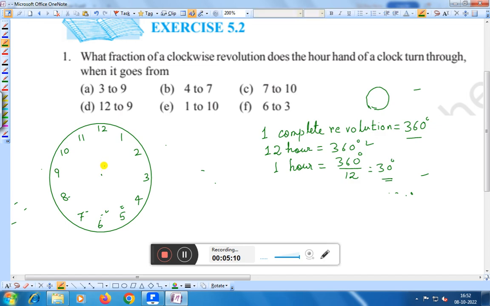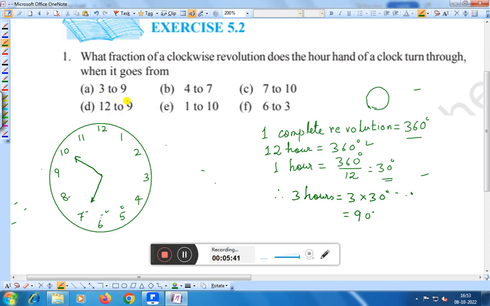This is 7 and this is 10. How many hours do you have to count? 7, that is 8, 1, 2, 3. 3 hours. That means 1 hour equals 30 degrees. Therefore, 3 hours is equal to 3 into 30 degrees, that is 90 degrees, right?